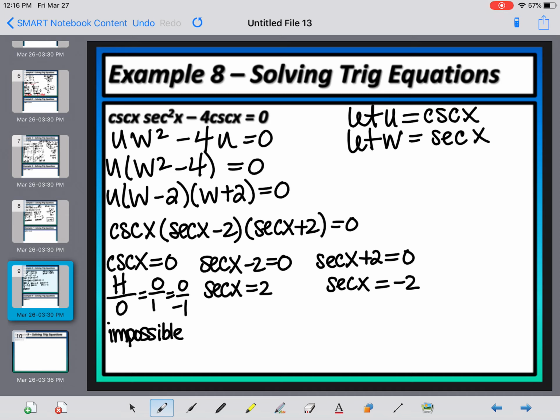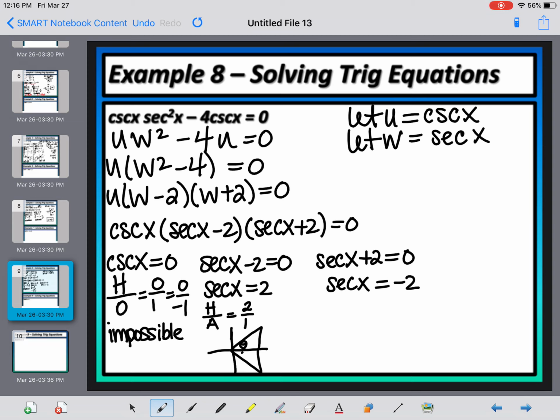Okay, secant is the reciprocal of cosine. So this is hypotenuse over adjacent. So I could have a ratio of 2 over 1. Well, do I have a triangle that has a hypotenuse of 2? Okay, so where is secant positive?